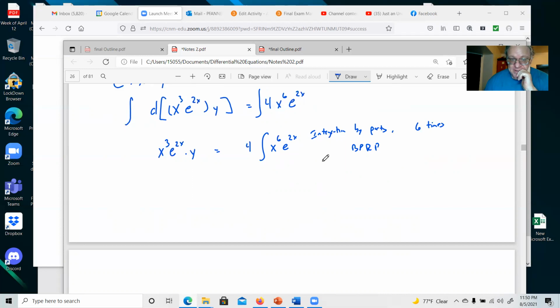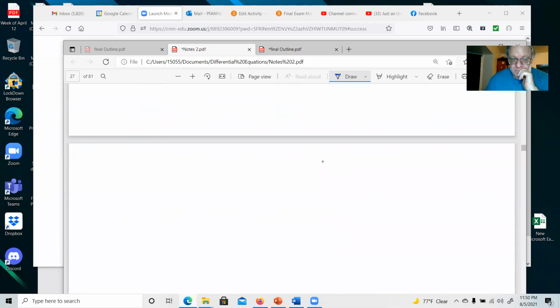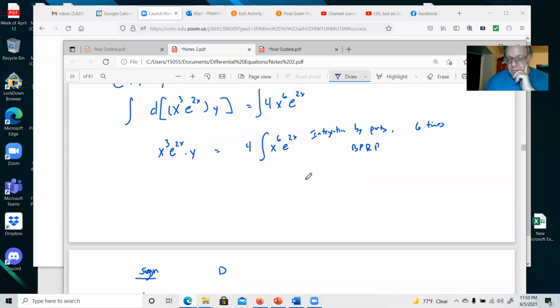Okay. So what we're going to do is make your sign column, S-I-G-N, and it just goes into an alternating pattern. It's plus, minus. We're just going to type that in. Now, what are we going to take the derivative of? Well, in this case, we're going to take the derivative of polynomials.